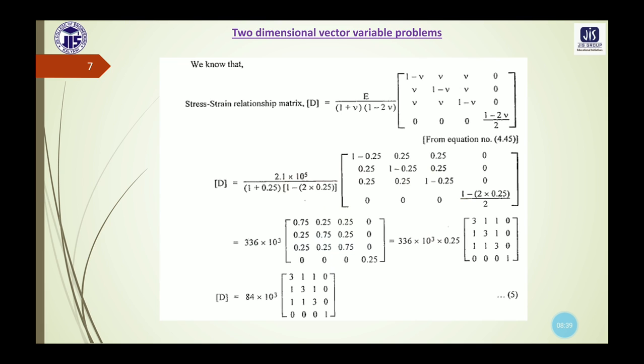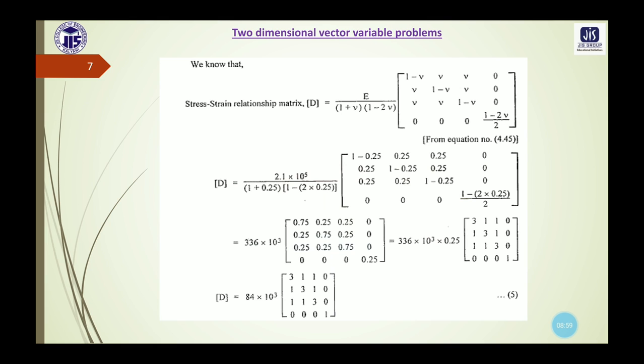Next, we need to calculate the stress-strain relationship matrix, that is the D matrix. The formula to calculate the D matrix is given as E by (1 plus nu) into (1 minus 2 nu), multiplied by a 4 by 4 matrix.